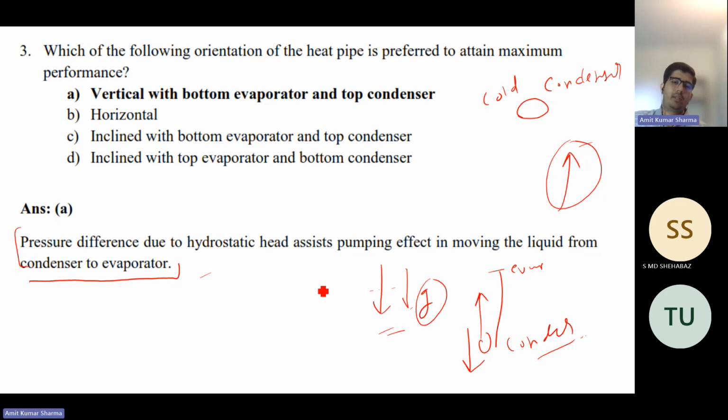So gravity will resist, and in this way the flow will decrease. The result will be that the heat transfer performance will decrease. So the correct answer is vertical with bottom evaporator and top condenser, because the pressure difference due to hydrostatic head assists the pumping effect in moving the liquid from condenser to evaporator.